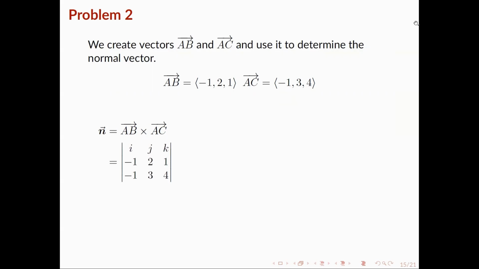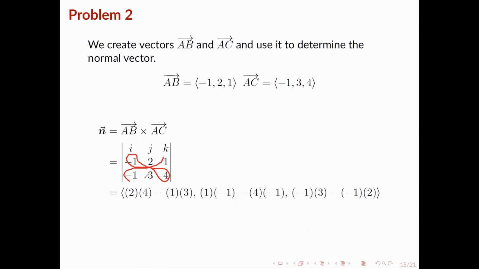And if naalala ninyo, the cross product is going to be like this. So for the first coordinate, that's equal to the product of this minus the product of this. So 2 times 4 minus 1 times 3. So for the second coordinate, y coordinate, that's going to be the negative of the product of this minus this one.